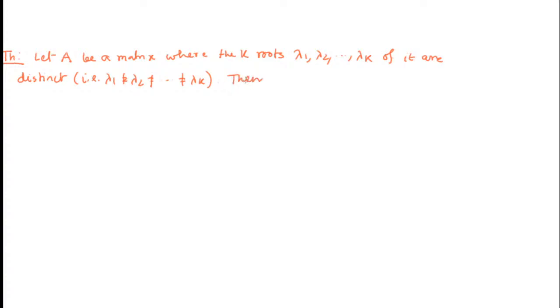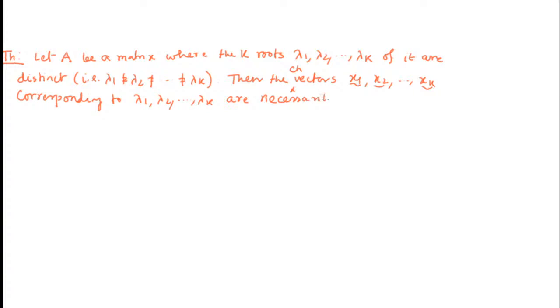Then the vectors x1 curl, x2 curl, xk curl corresponding to lambda 1, lambda 2, lambda k are necessarily, these are characteristic vectors, necessarily independent.